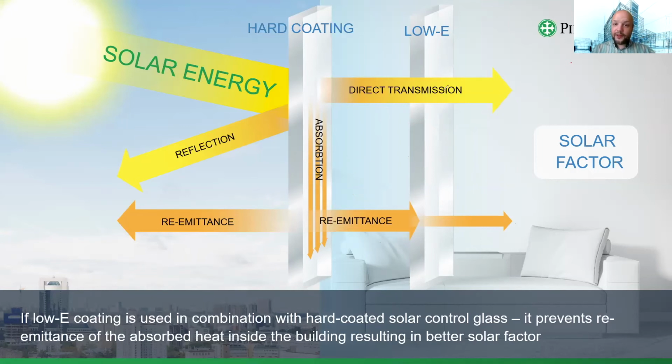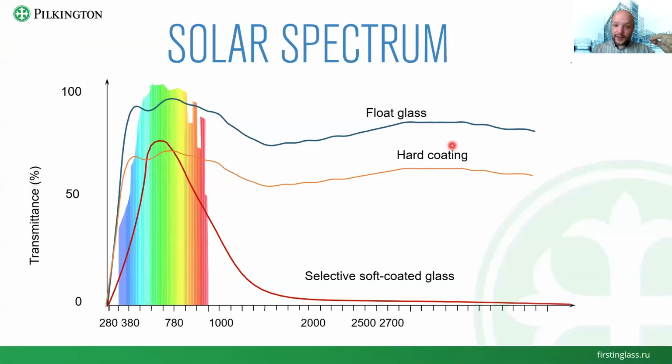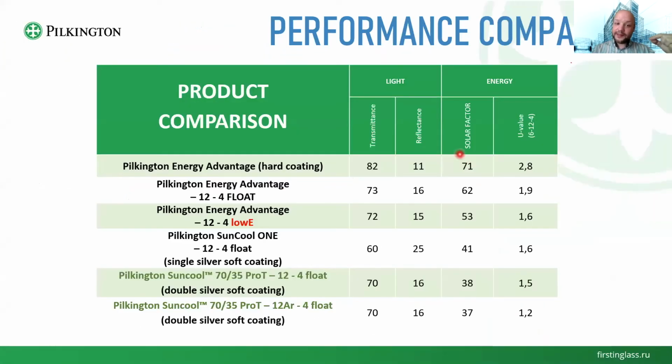And that is why low E, when combined with a pyrolytic coating or body tinted glass, helps a lot with the solar factor, and why the solar factor for a single sheet of solar control glass is usually quite high. See, you get almost a 10% decrease in solar factor just by putting low E into that.